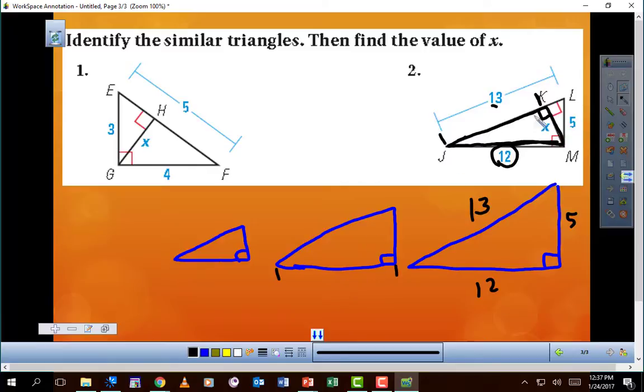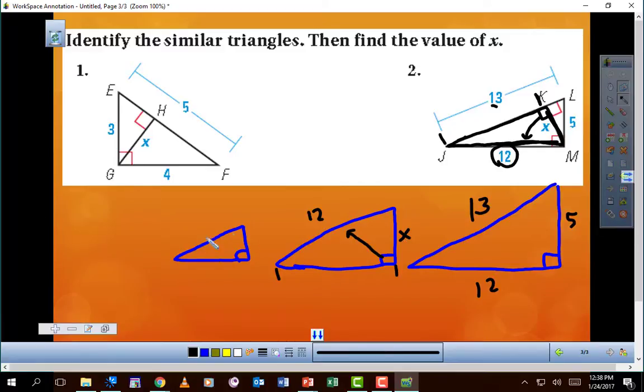It goes on the top because it's opposite of the right angle. If I go opposite of the right angle here, that would place the 12 right here. Now we need to figure out where the x goes. Well, the x is the shortest side of this black triangle, so the x actually goes here. Does that make sense?